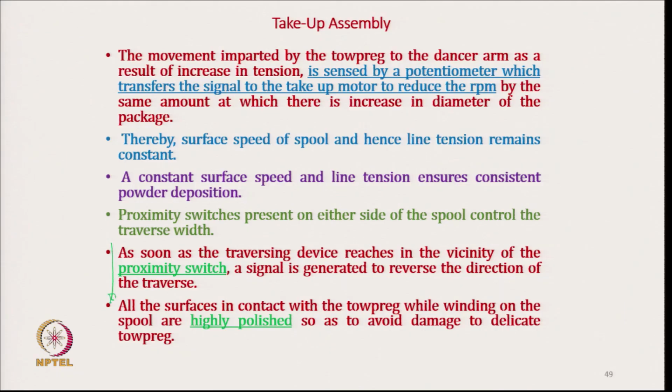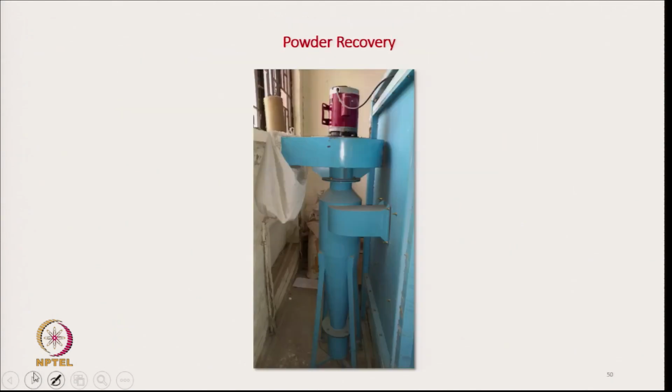All the surfaces have to be highly smooth polished surfaces, otherwise they will damage the carbon toe. There is a powder recovery system, as I have already mentioned, and a filter bag is there. The recovery system has two components.